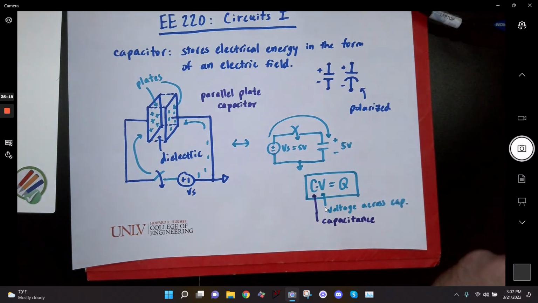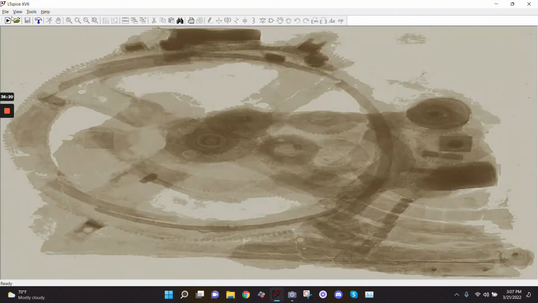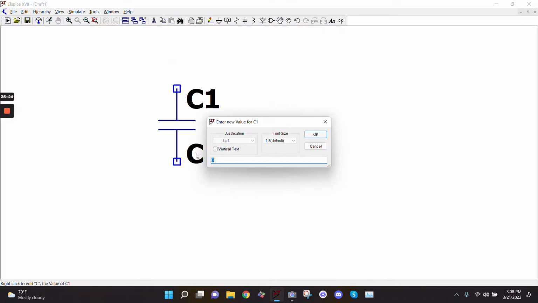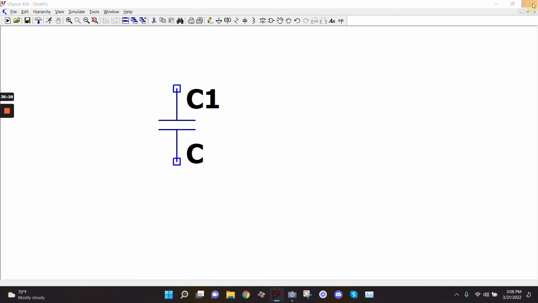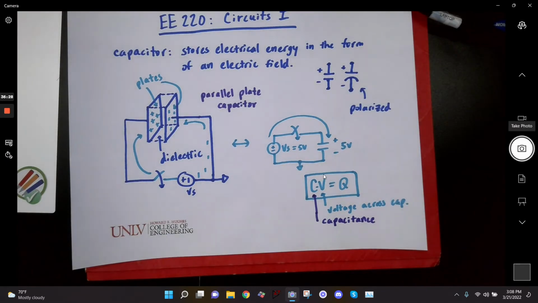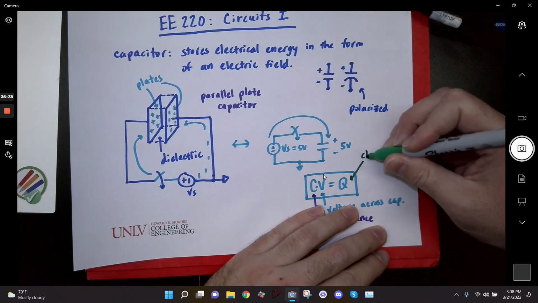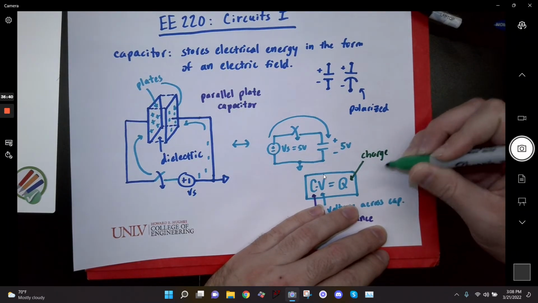So you'll see when I go back to SPICE, when I put down a capacitor, it's asking for some capacitance, okay? C, that's the capacitance. And what it basically tells us is how much charge can this capacitor store, okay? And so then Q is the charge that is stored.